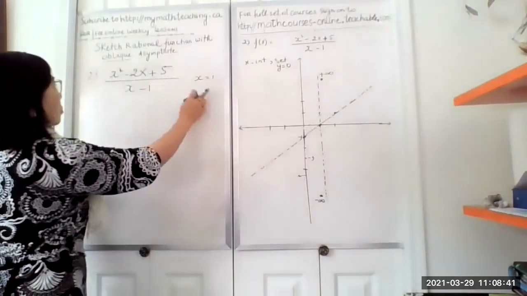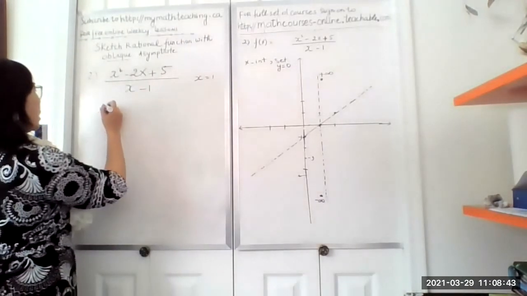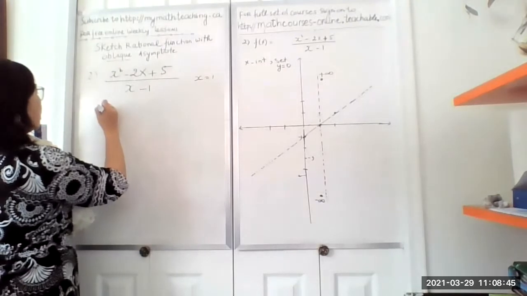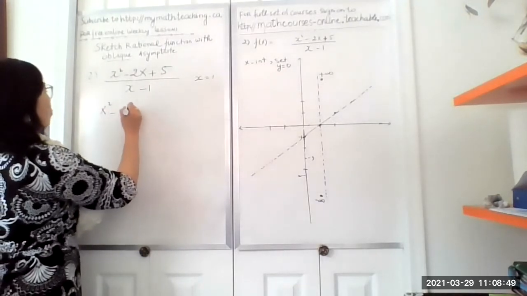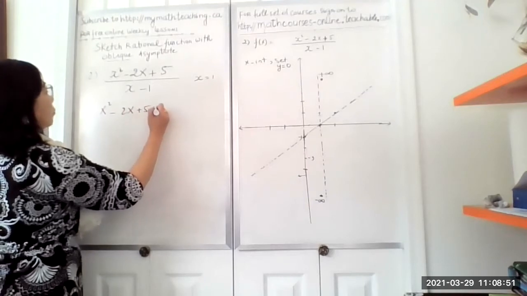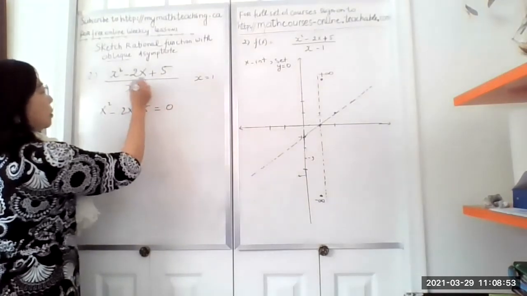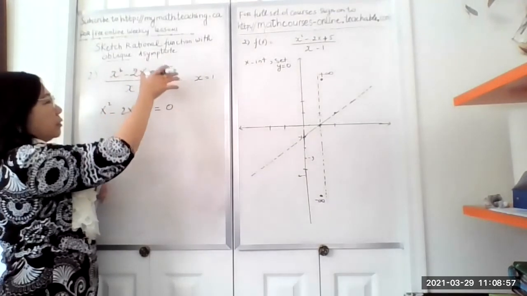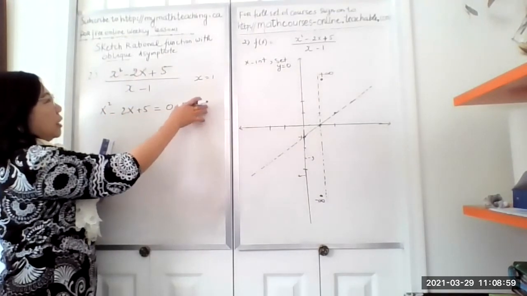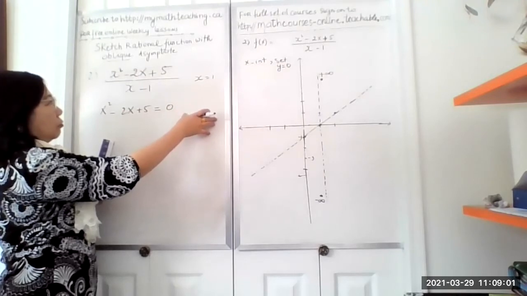If you want to find the x-intercept, you set y equals 0. So let's say this function, x squared minus 2x plus 5, will be equal to 0. Now the bottom doesn't matter, because as long as you have a numerator equal to 0, then you have a value.